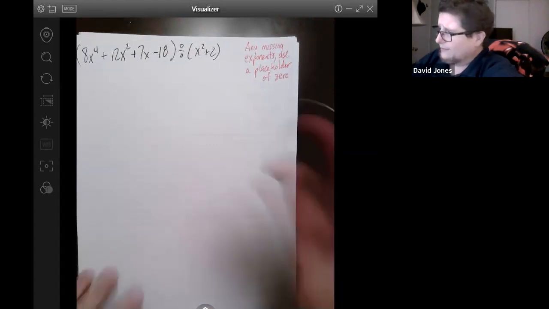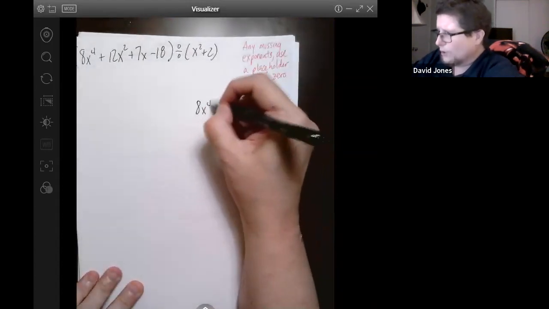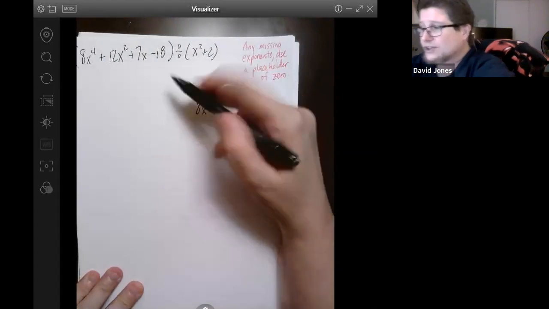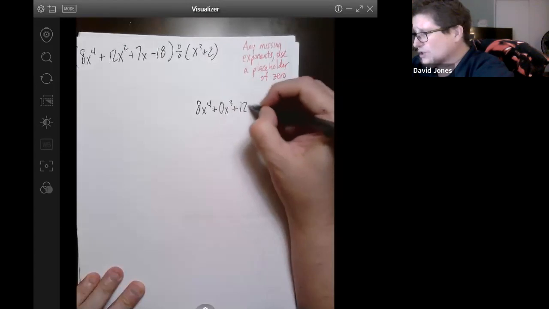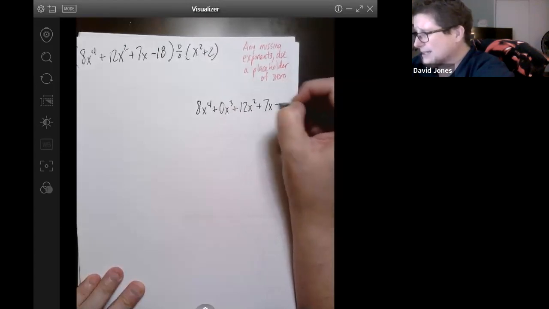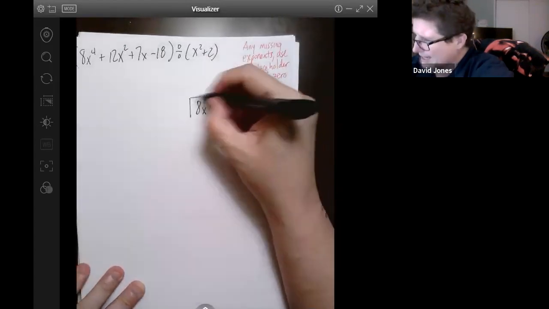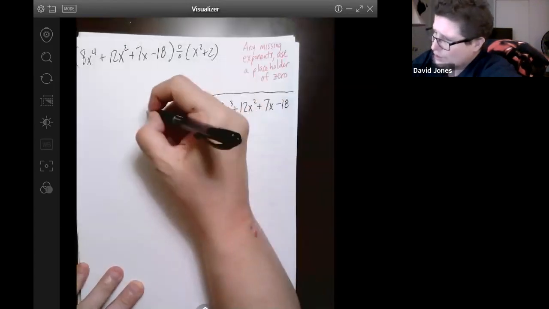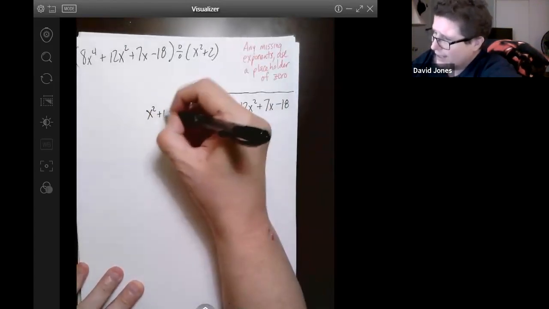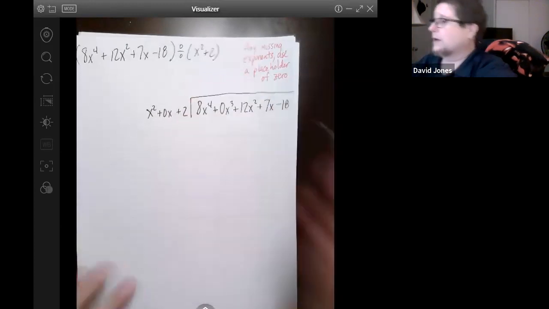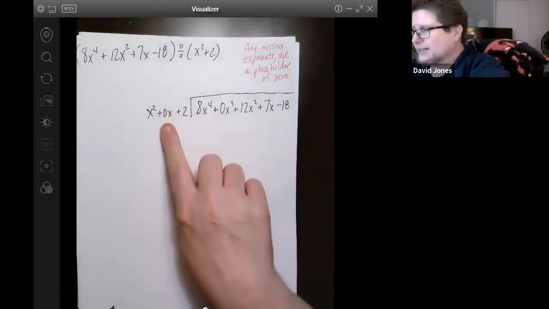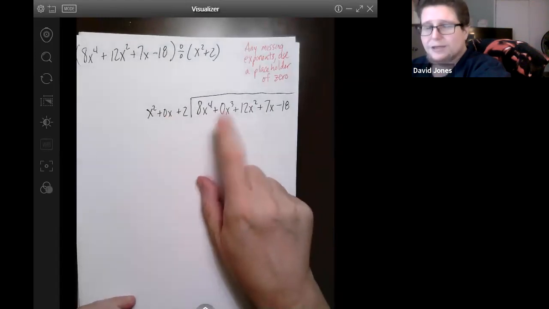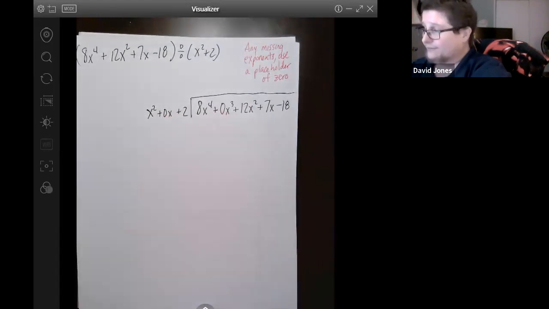So I have 8x to the 4th plus, I don't have an x cubed term, so I'm going to put 0x cubed plus 12x squared plus 7x minus 18. And into that, I'm going to divide x squared plus 0x plus 2. You may not even need the 0x here, but you definitely want the 0x cubed in here because it makes it easier to stack stuff.